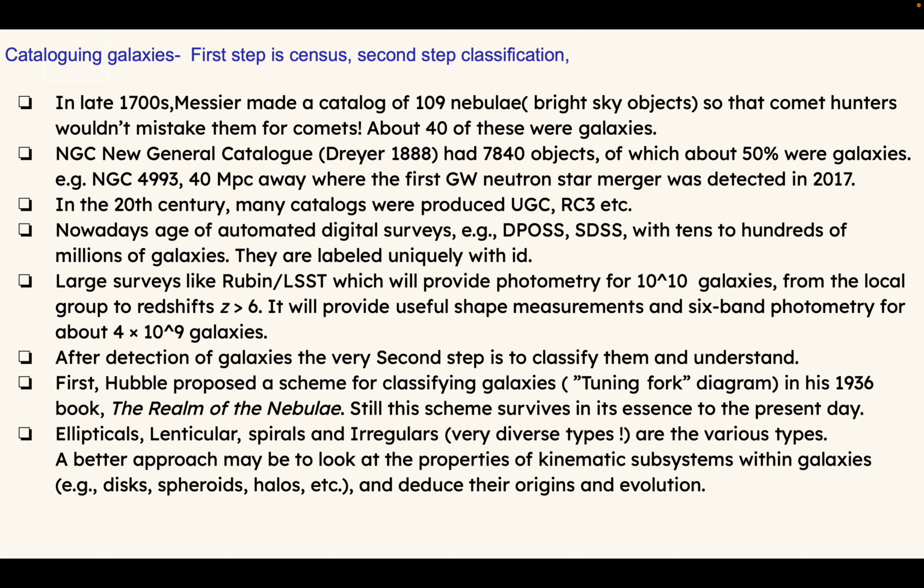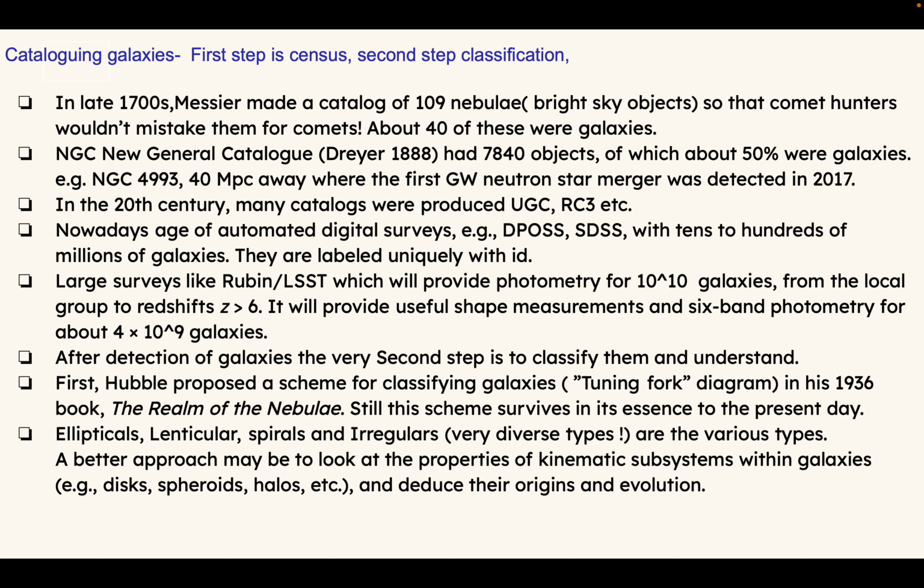The current large surveys, like the Rubin Observatory's LSST, would provide photometric information for about 10 to the power 10 galaxies, from the local group to redshift greater than 6, with six-band photometry for around 10 to the power 10 galaxies.